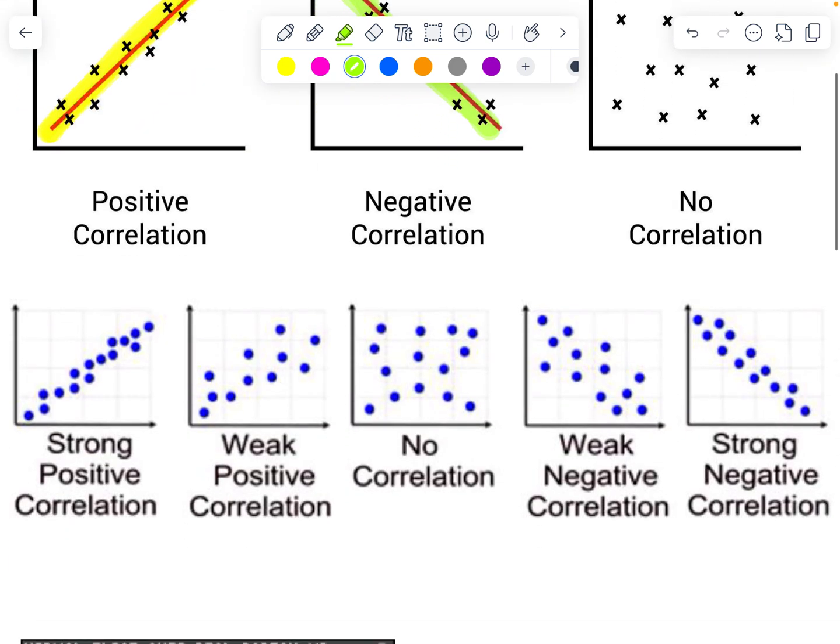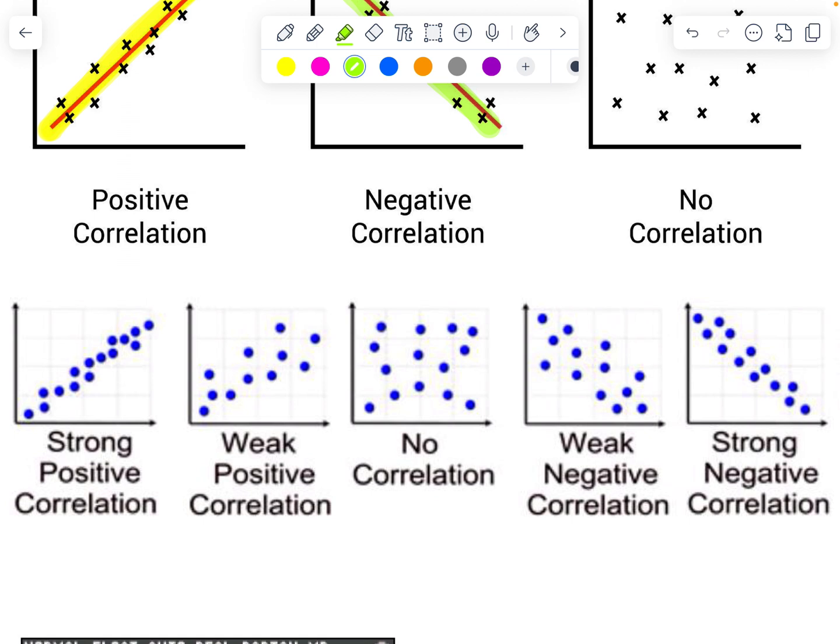Okay, so to be a little more specific, we have a couple of positive correlations and a couple of negative correlations, and we describe them a little more specifically using the word strong and the word weak. This middle part is our no correlation because, again, they're not following any sort of pattern.